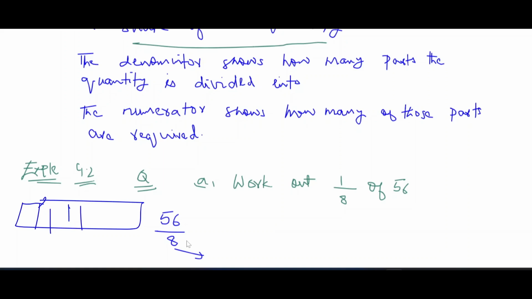So divide 56 into 8 parts, it's like this. So we will get 7. It's the eighth part. When we multiply 8 by 7, we will get 56 back. We want the eighth part of 56, it's 7.